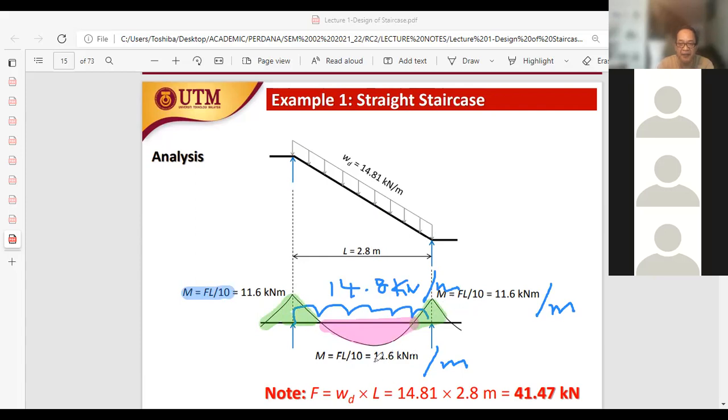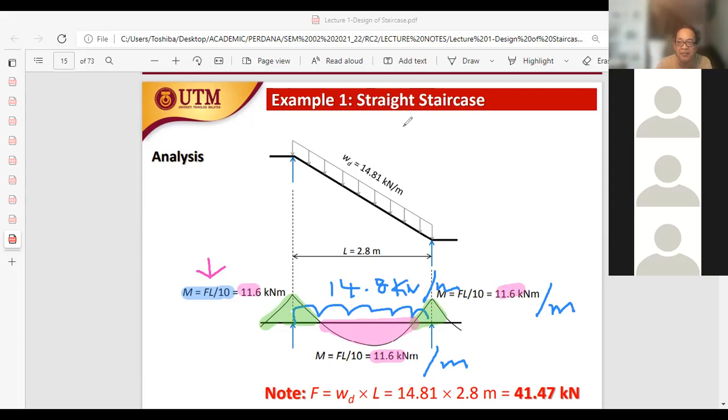So the value here is 11.6, 11.6, 11.6. So for a continuous case, whether it is a positive sagging bending moment or a negative hogging bending moment, the values are the same, and it can be evaluated using FL/10. This is the equation that we are going to use to identify the bending moment for a continuous case.